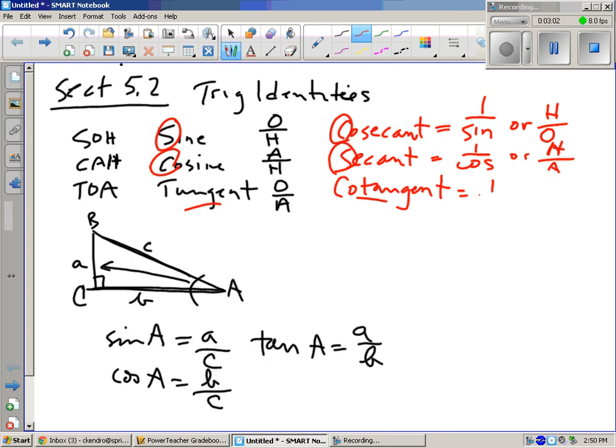And cotangent is 1 over tangent, or adjacent over opposite. So evil twins, but they're pretty simple to find. You just have to flip them over.